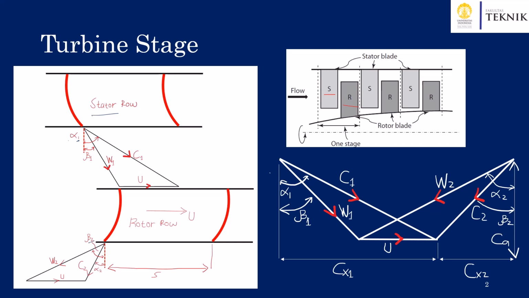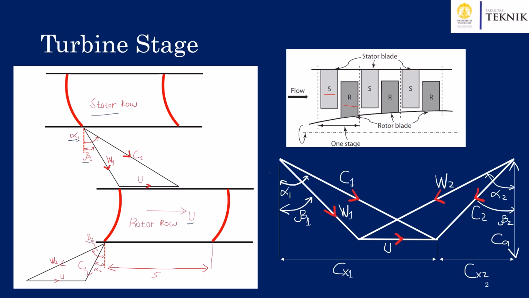And we have alpha as the absolute flow angle and beta as the relative flow angle. Both of these angles are measured to the axial direction, where we have a dashed line here to represent the axial direction of the flow, and we know that the blade speed, U, is perpendicular to the axial direction.